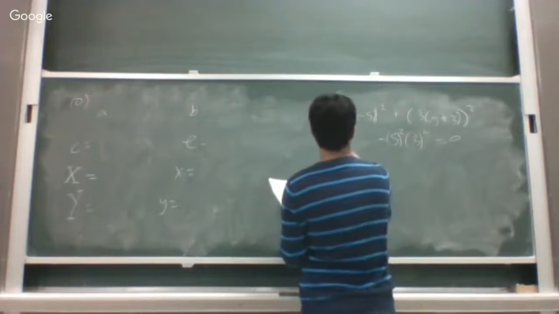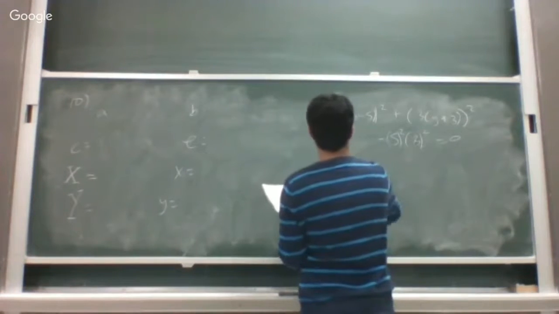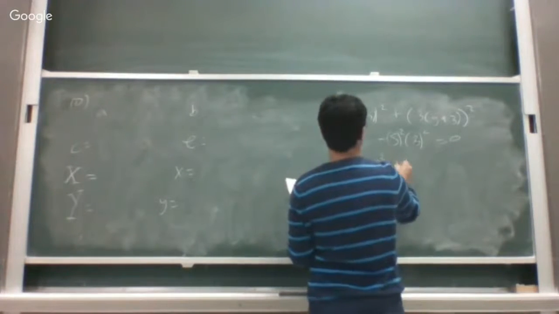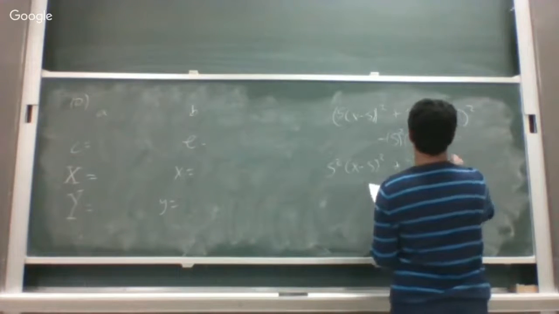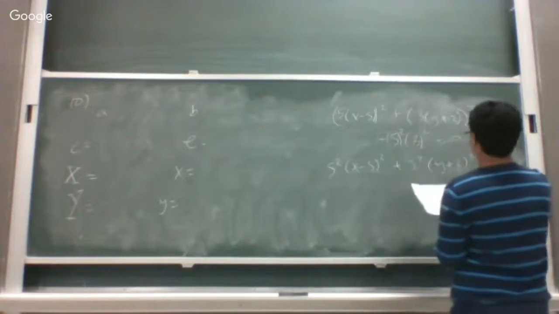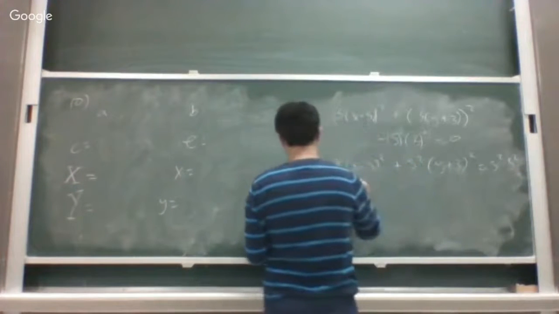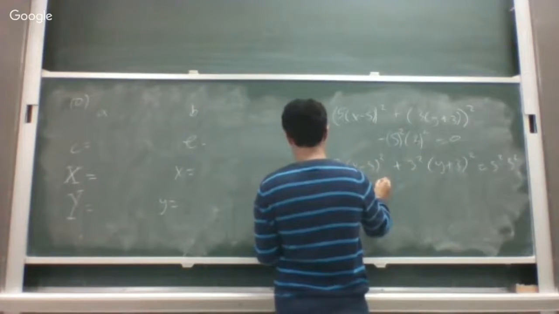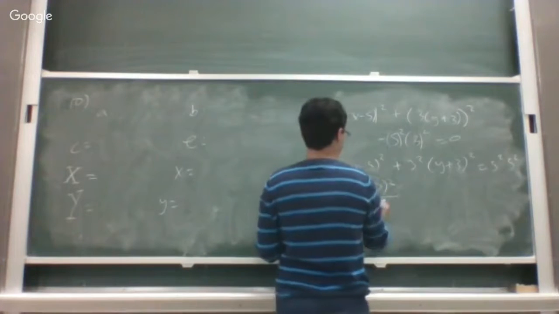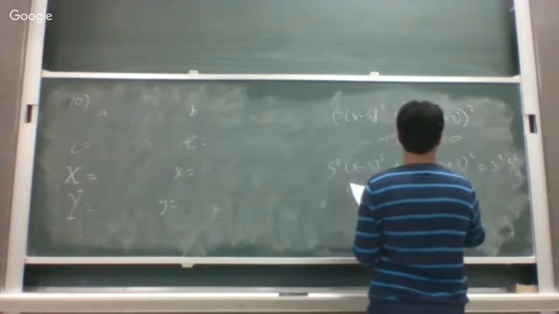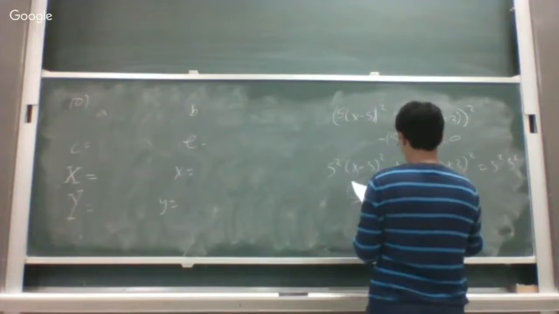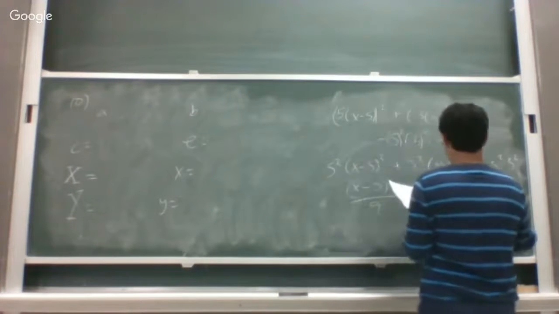To get into standard form, we have 5 squared times (x minus 5) squared plus 3 squared times (y plus 3) squared equal to 5 squared times 3 squared. We always try to get 1 at the end, so we have (x minus 5) squared divided by 9 plus (y plus 3) squared divided by 25 equal to 1.